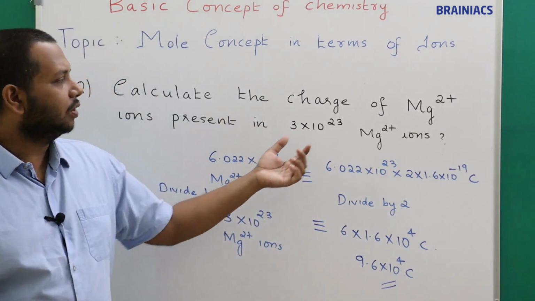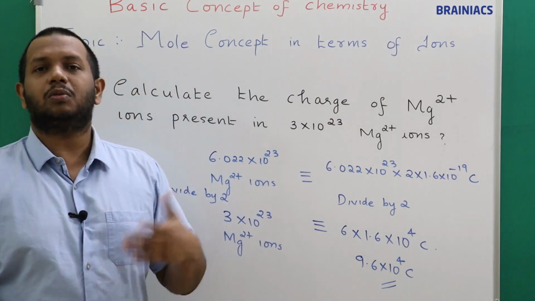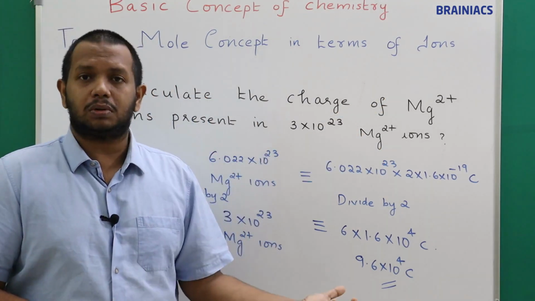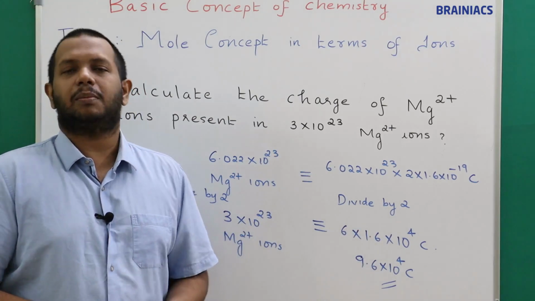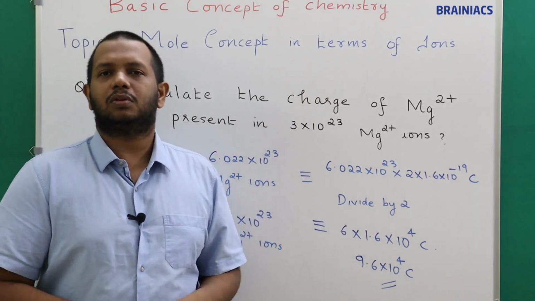Until now I am giving you the ions and asking you the answer. Now they can give the ionic compound and ask you regarding the number of ions. That is what we are going to discuss.